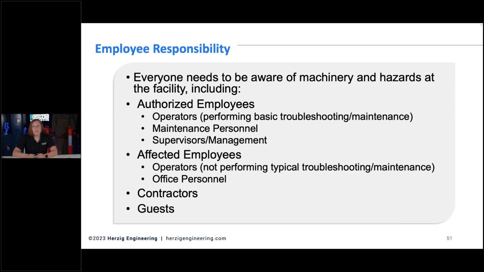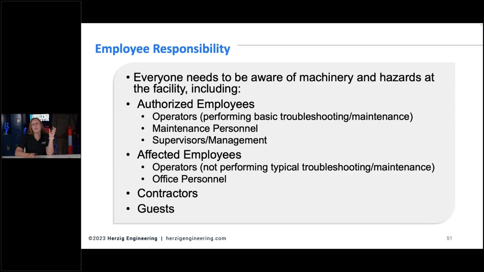Office personnel is another example of affected employees, just people who are in the area but not necessarily going to be allowed or ever need to apply a lock. Contractors also are included. They need to be authorized if they're going to be working on equipment with it shut off.